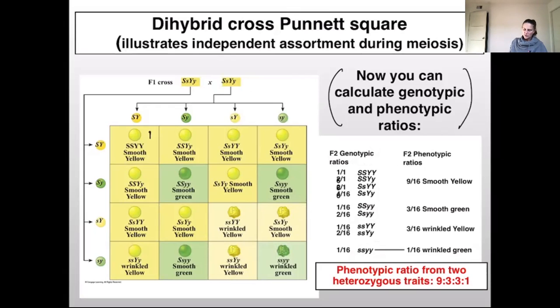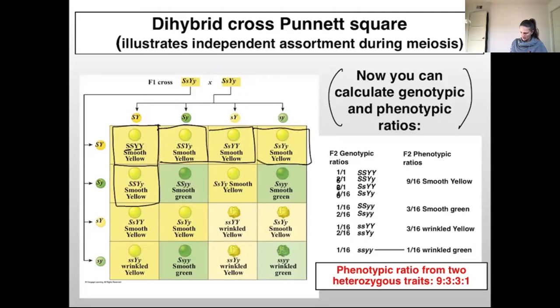All right. So for example, the way I like to do this is that I like to kind of mark my boxes. So if I want to look at yellow smooth, I'm going to put a box around every yellow smooth. And for yellow smooth, for example, we're looking for one big S and one big Y. That's all we need because those are both dominant traits.